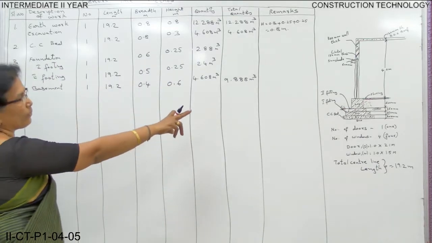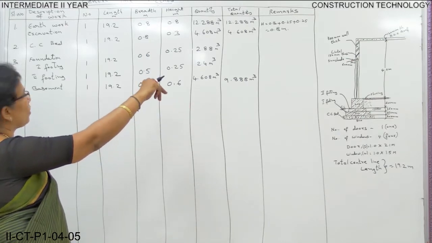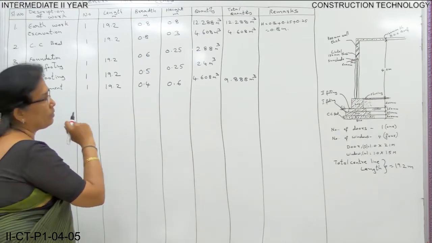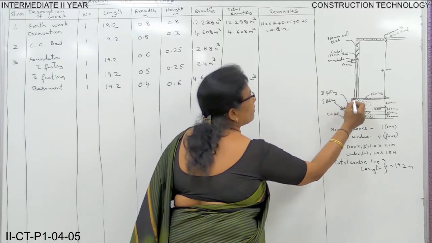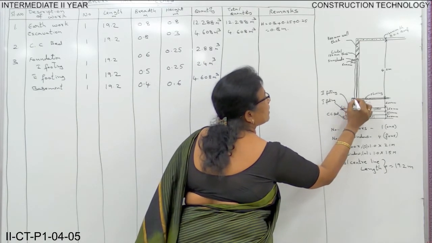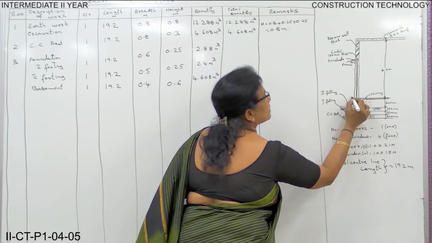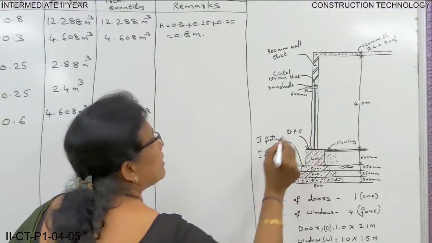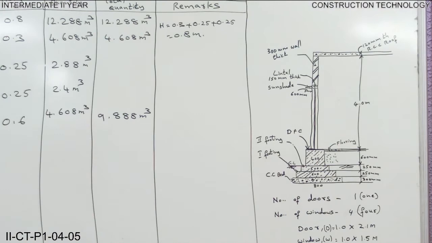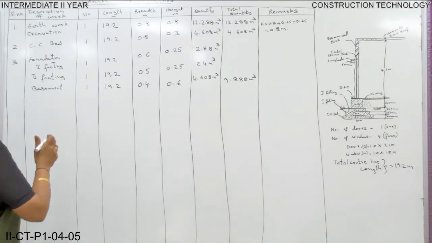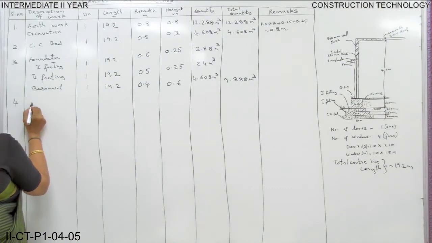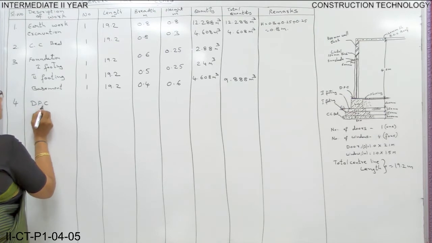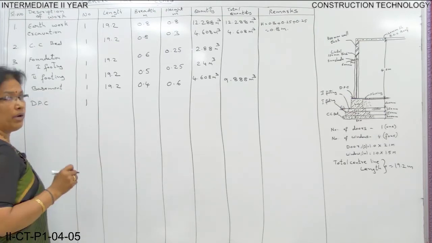Now, we have come up to basement. The next work is what? DPC. Over this basement, you will be having DPC. This dark line is DPC. For DPC, the thickness is negligible. You have to take only length and breadth. Number 4 item, DPC, that is damp proof course.